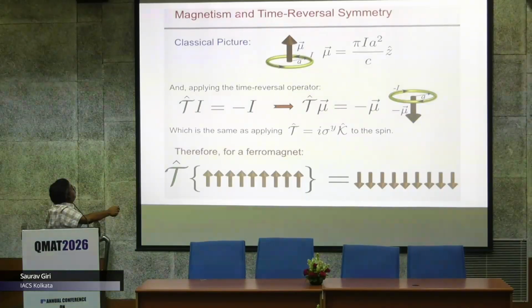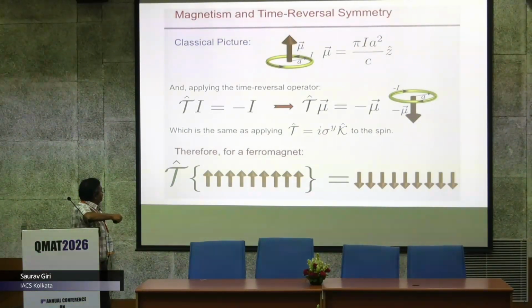Now if we apply the time reversal operator, I becomes minus I. What is I? I is the charge by time, e by t. Now t becomes minus t, so that is why I becomes minus I. That means the current rotation will be in the opposite direction, clockwise, and the moment will be opposite. In this way, the time reversal symmetry is broken.